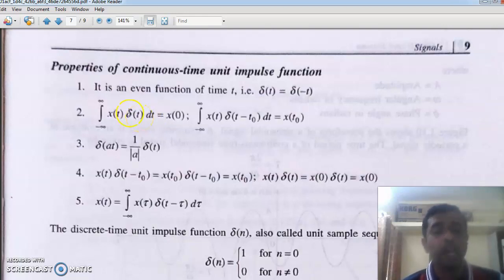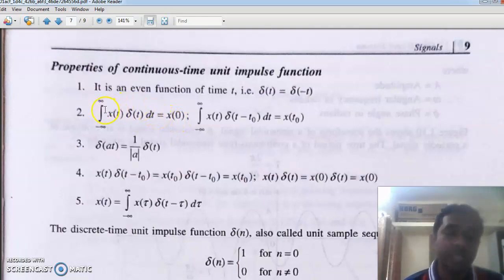So when I multiply such a signal with any signal x of t, what is the case? Since this has only one value, and that too at t equal to 0, and all other values are 0, zero multiplied by the signal value will be 0. So out of this entire signal, only one point will come as the output: the value of the signal at t equal to 0, that is x of 0.